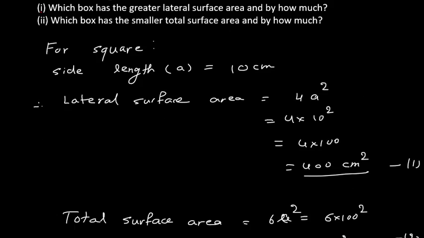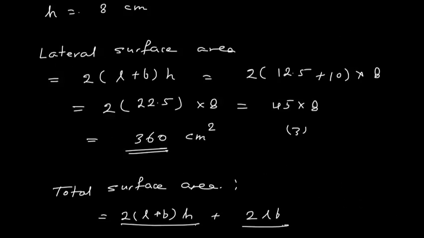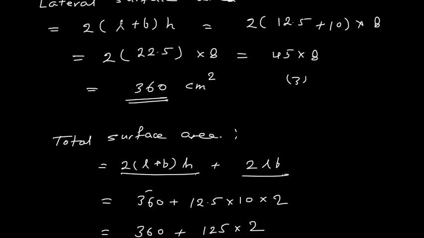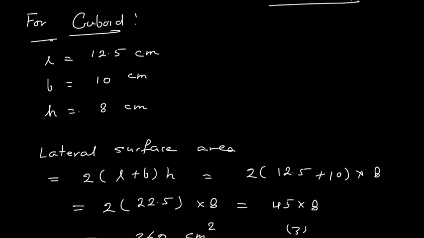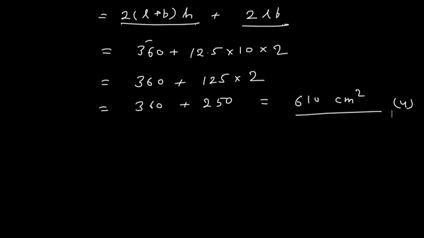Now the problem is which box has greater lateral surface area and by how much. So here we are getting lateral surface area is 400, here we are getting 360.